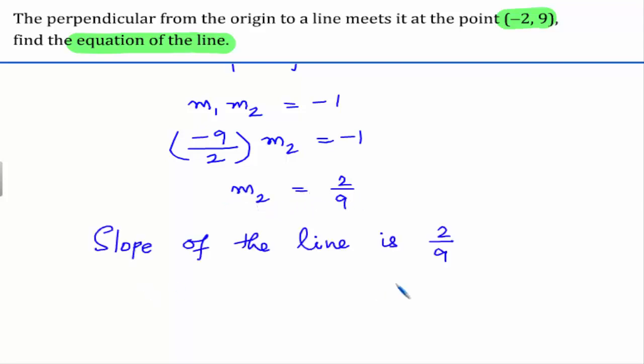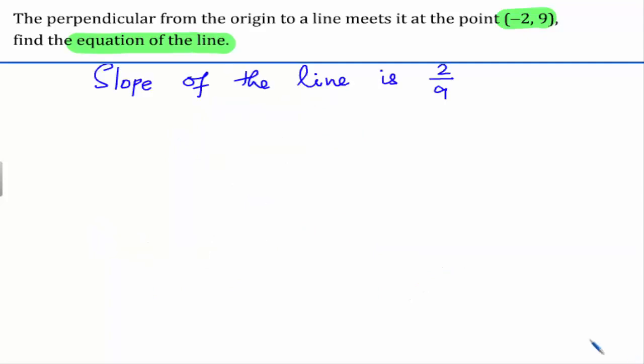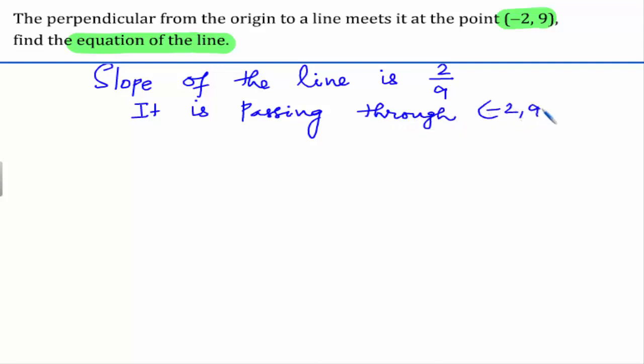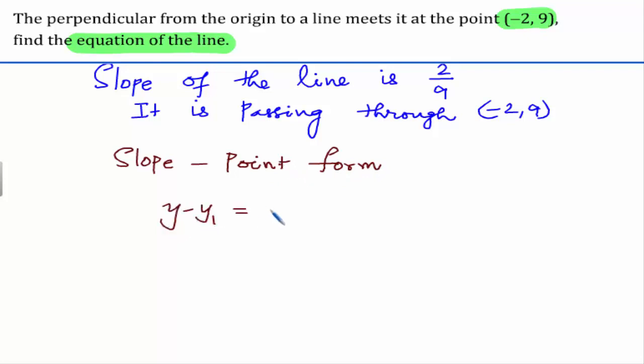So the slope of the line is 2 by 9 and it is passing through minus 2 comma 9. We have slope and a point, so the slope point form is y minus y1 is equal to m into x minus x1.